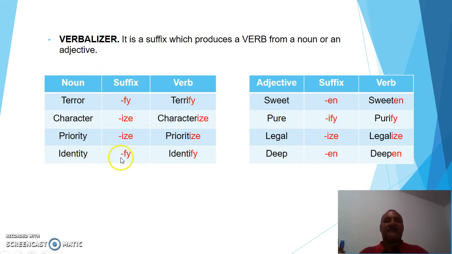Identity with the same suffix, identify. And look at this, with adjectives we've got sweet. When we add this suffix it turns into a verb: sweeten, pure, purify, legal, legalize, deep, deepen.